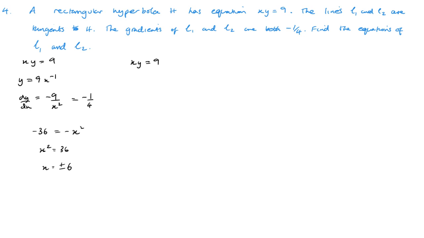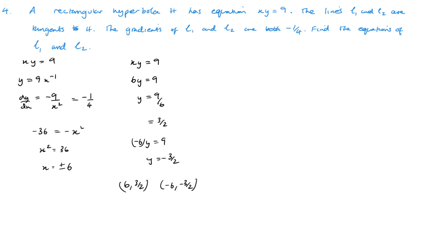So when x equals 6, 6y equals 9, y equals 9 over 6 or 3 over 2. And when I substitute in minus 6, we get y equals minus 3 over 2. So our two coordinates are 6, 3 over 2 and negative 6, negative 3 over 2.